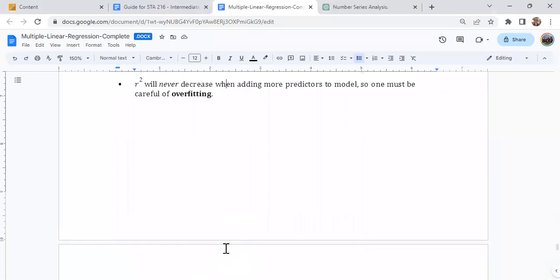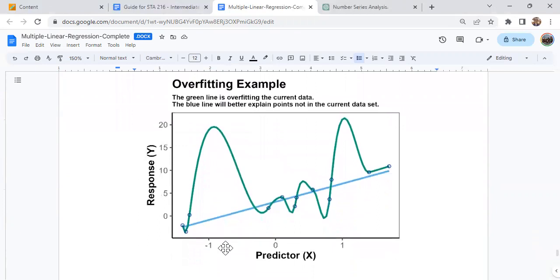Because we want to be careful of what's called overfitting in regression. So here's an example. We added an x squared term to the model to get a curved set of predictions. You could add an x cubed term and x to the fourth term as well, up through x to the seventh. And you get what some people call a wigglier function.